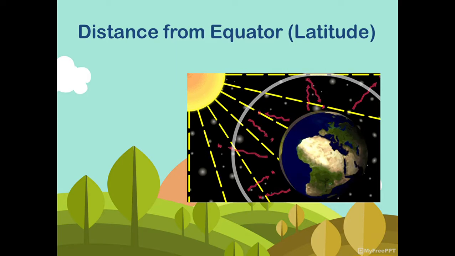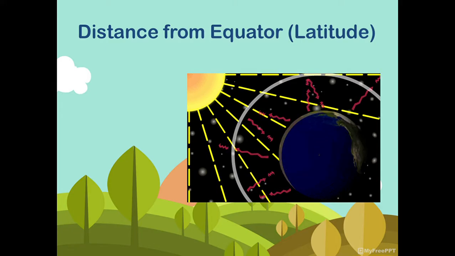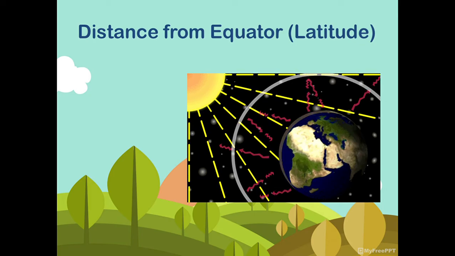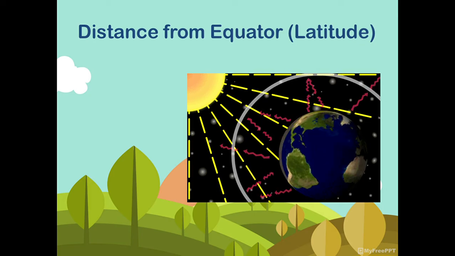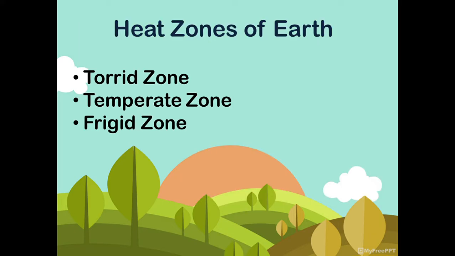Different parts of the earth receive different amounts of heat from the sun. Depending on the amount of heat received, there are three climatic or heat zones on the earth. They are the Torrid Zone, the Temperate Zone, and the Frigid Zone.